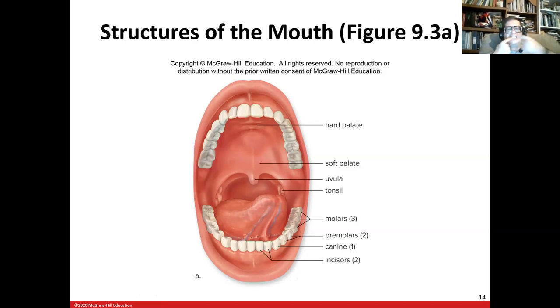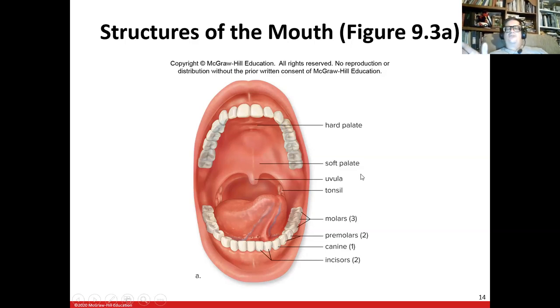What that means is right here in the center, we have two teeth. Those are incisors. Well, we have two pairs of incisors in the middle. If you look right here, this is a pair and that is a pair. So we only count one side. We say two incisors, one canine or eye tooth, that's our kind of pointy one, two premolars, and three molars.